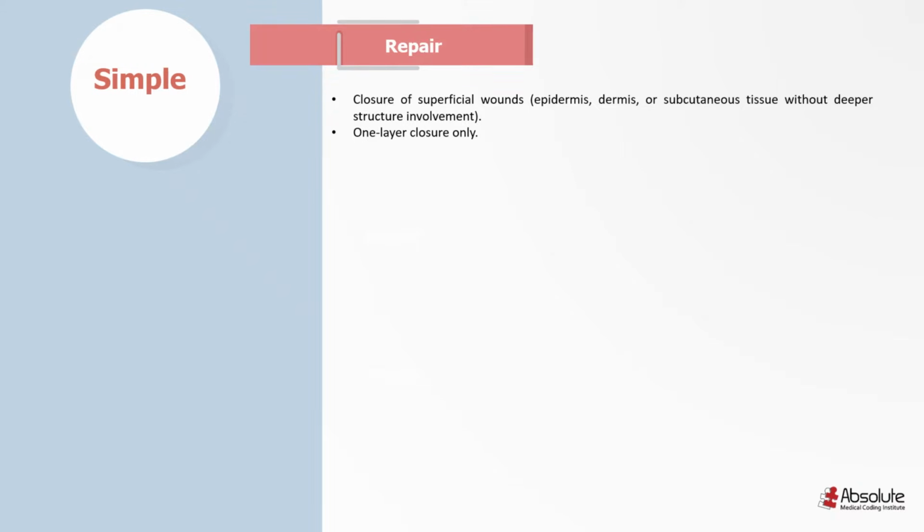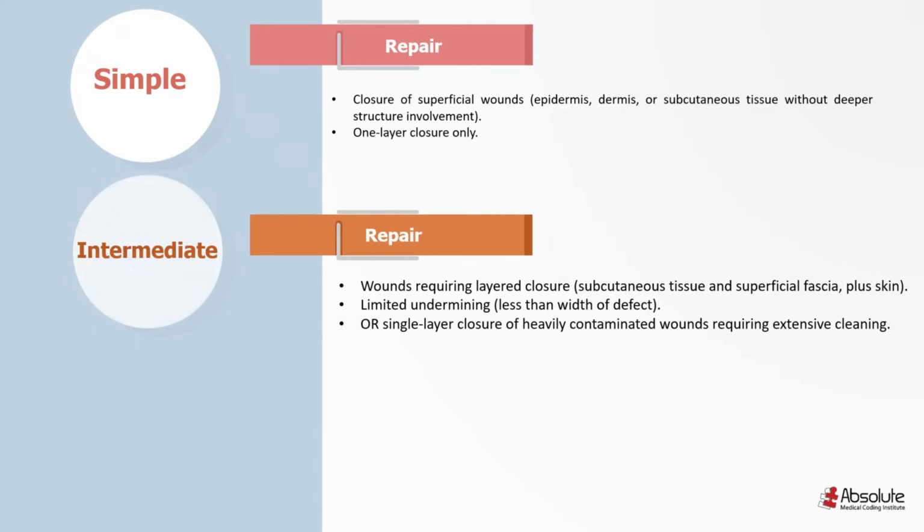Next we are going to look at the intermediate repair. Intermediate repair wounds are those that require more than a simple closure. These wounds involve a layered closure, meaning the provider repairs the subcutaneous tissue, the superficial fascia, plus the skin.